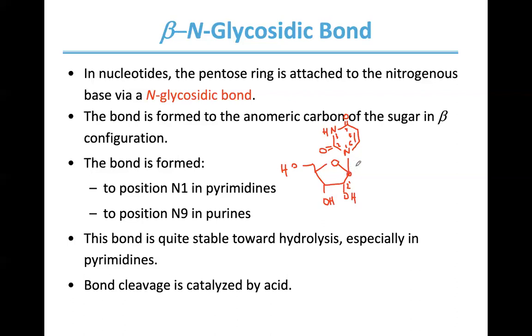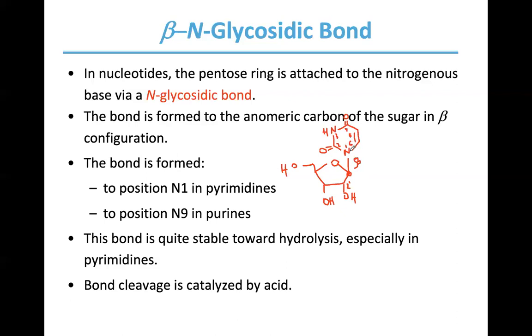We already decided it's beta. And it's a really bad beta. Beta. Okay, and so we start numbering on nitrogen 1.